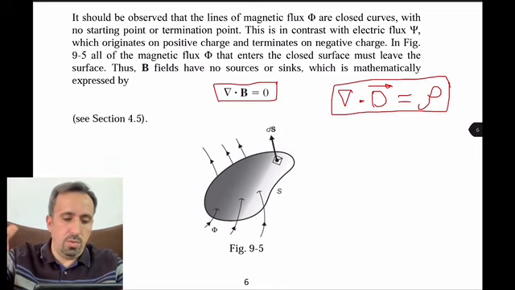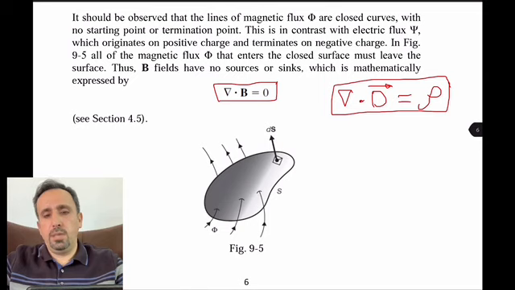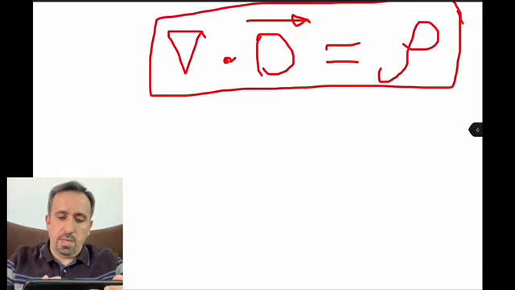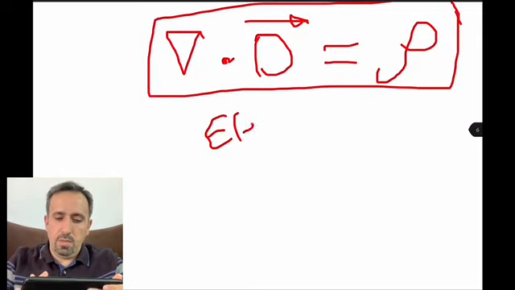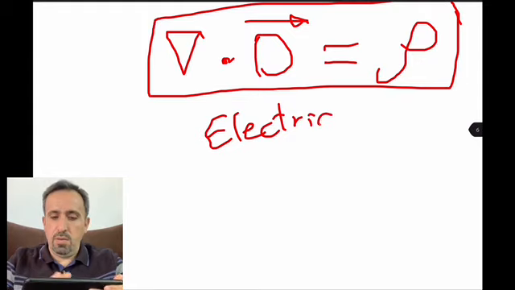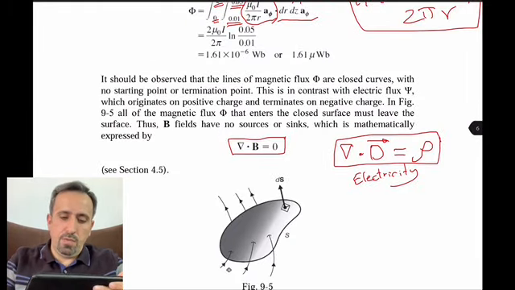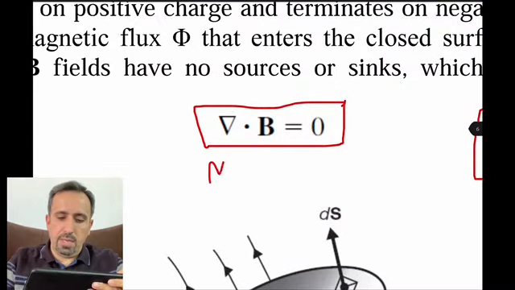So what does this mean? I finish with mathematics, and I'll go to physics to discuss it. This is what takes place in electricity, and this is for magnetism.